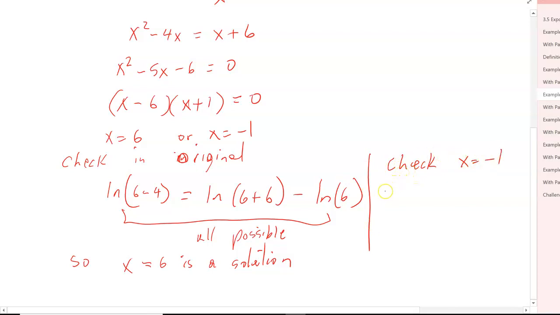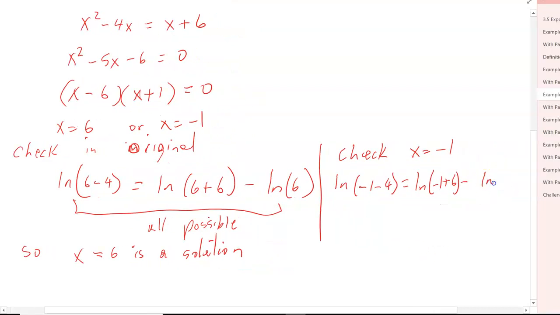We check x equals negative 1, we have ln of negative 1 minus 4 equals ln of negative 1 plus 6 minus ln of negative 1. Right away, because this will become negative 5 here, ln of negative 5 is not possible, so it's not a solution.